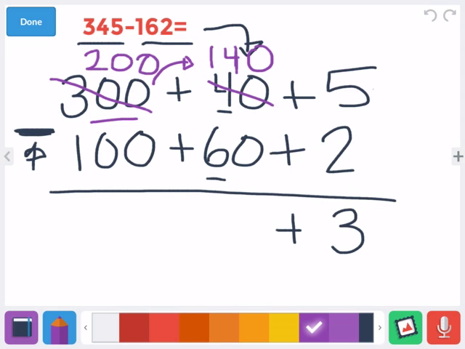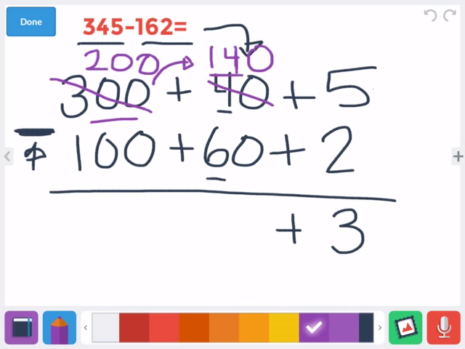Let's continue subtracting. Now I have 140 minus 60. Again, instead of thinking about 140, I like to think about this as 14 tens. That makes it a little bit easier in my brain. I'm going to subtract 14 tens minus 6 tens.